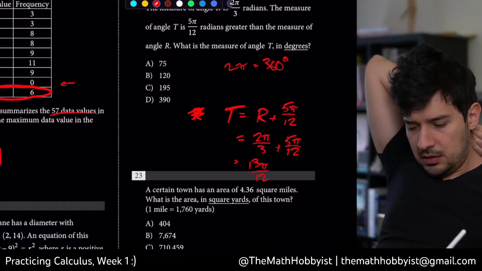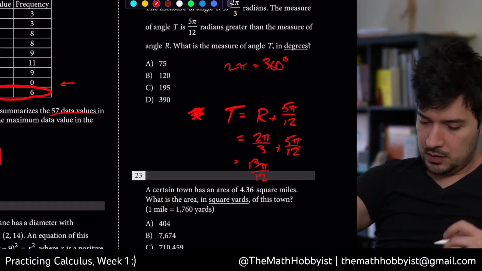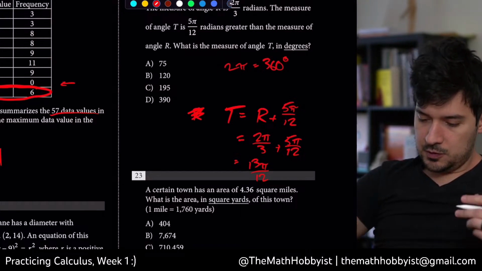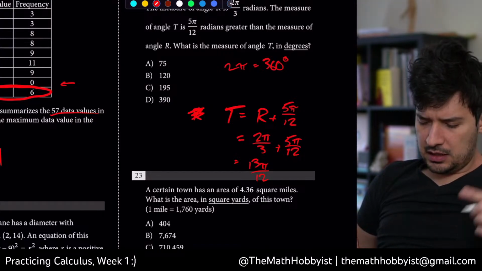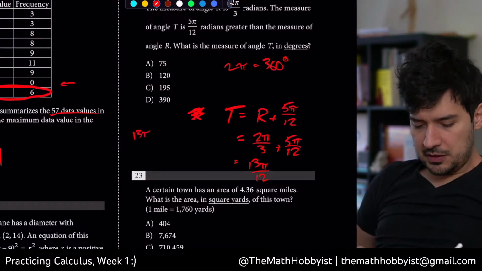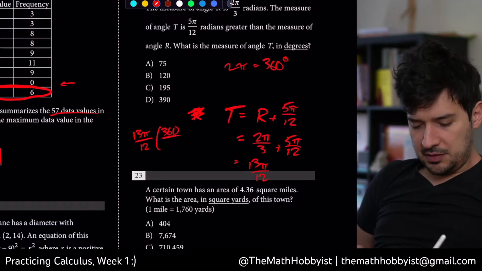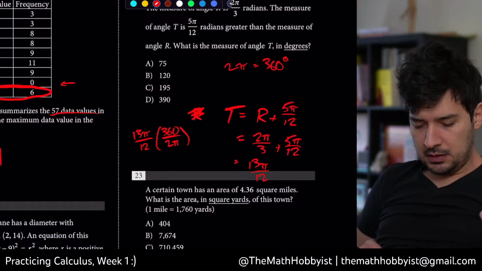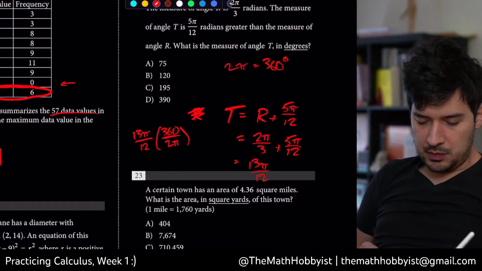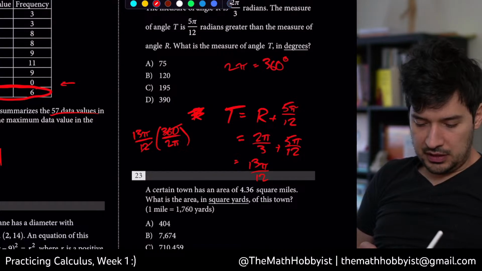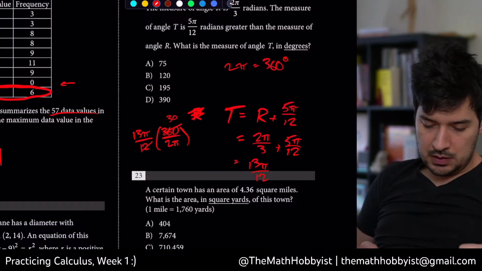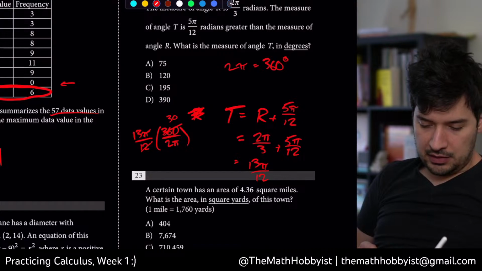And then we get 13 pi over 12 divided by 2 pi, let me write that out. 13 pi over 12 times 360 divided by 2 pi. And if we run through this, then we will get our answer. 12 goes into 360 30 times, and pi's cancel.